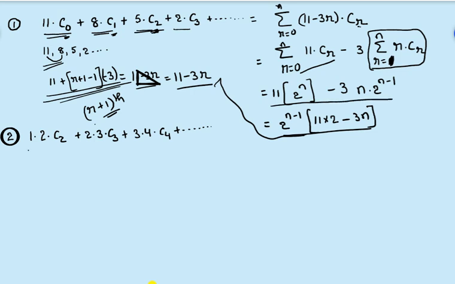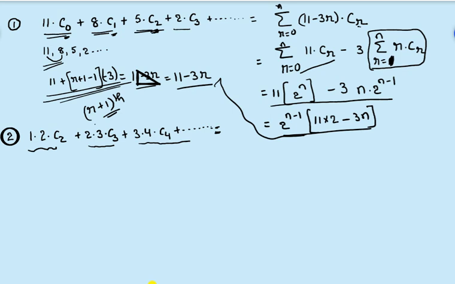Another question you can see: 1 into 2 into C2, 2 into 3 into C3, 3 into 4 into C4, plus and so on. Can you tell me what we can write the rth term as? The rth term is in the form of r into r minus 1, right?